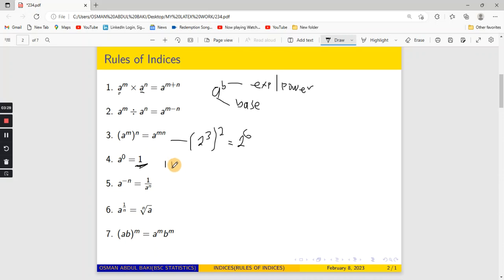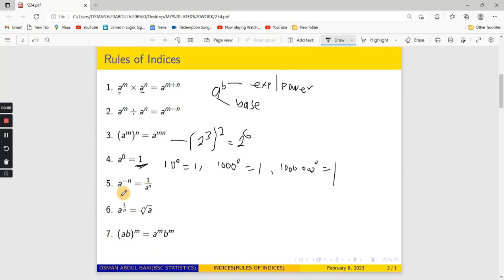Even 10 raised to the power 0 is 1. 1000 raised to the power 0 is 1. 1 million raised to the power 0 is 1. So what you need to know is that any number raised to the power 0 is 1.